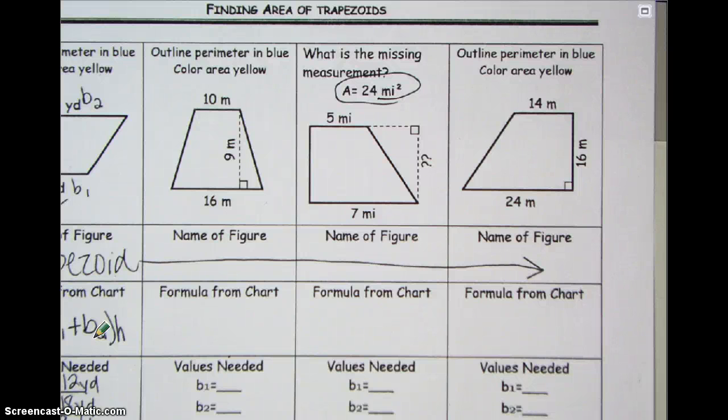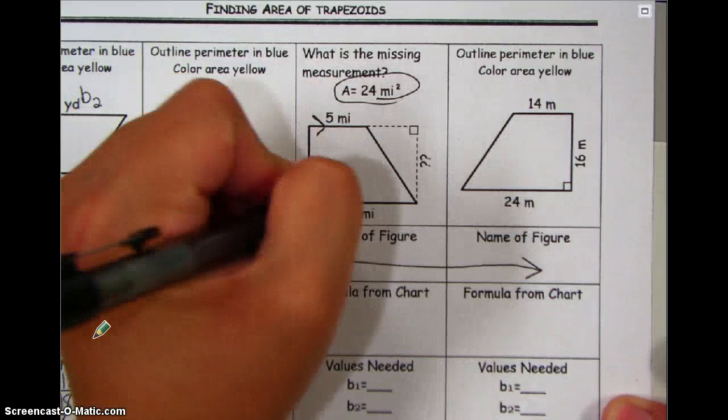Just give me the measurements that are on them. Which 2 sides of my trapezoid are parallel to each other? The top and the bottom, the 5 miles and the 7 miles.